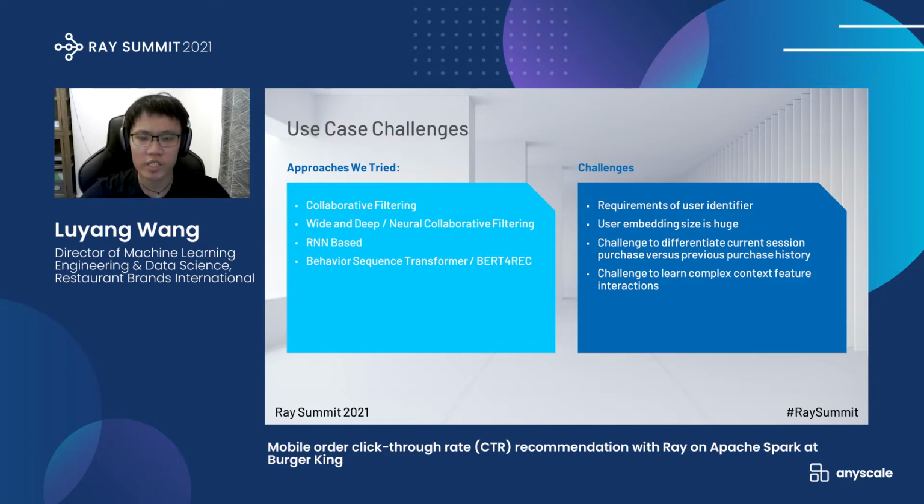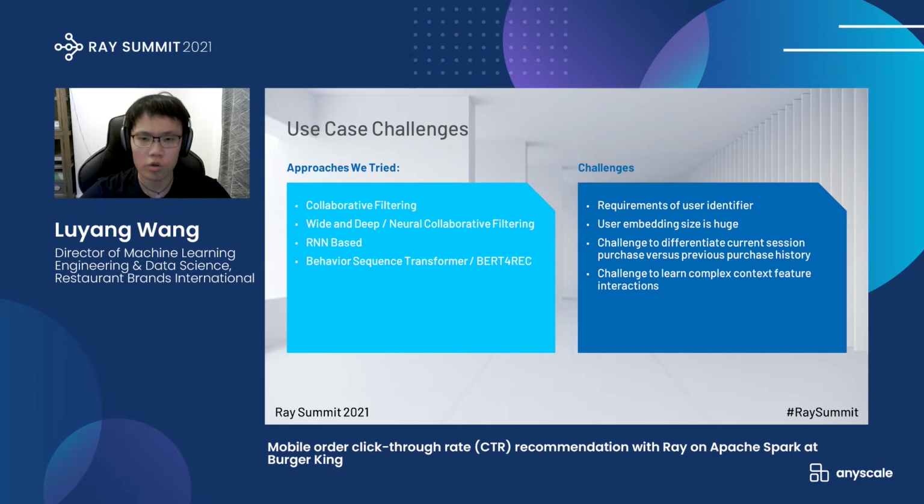And the last thing is the ability to learn complex context feature interactions. In our case, we already mentioned things like location, time, and weather, but we also want to go a step beyond that. In our mobile case, we also want to look at anything related to the user, things like the device you're using, the carrier they're using, and whether they are on a tablet or their mobile phone.